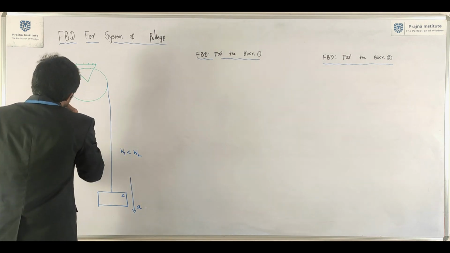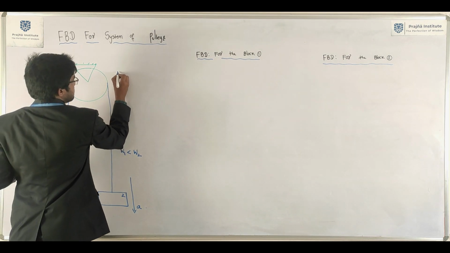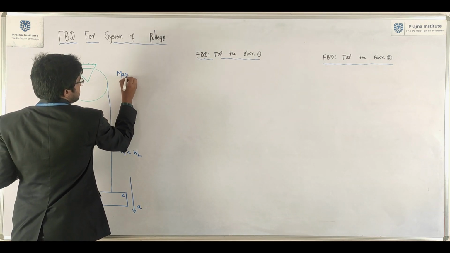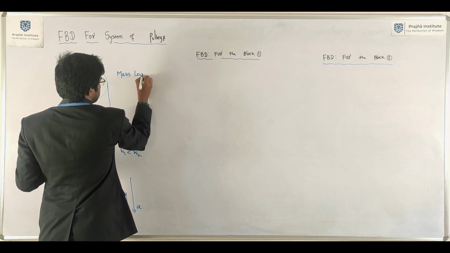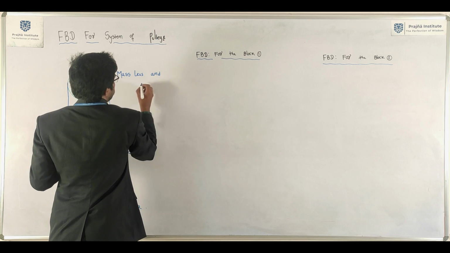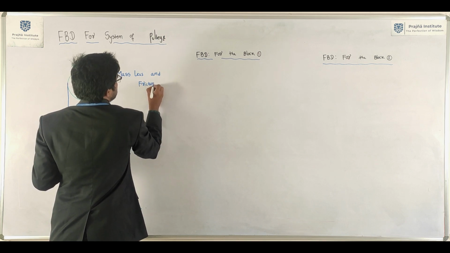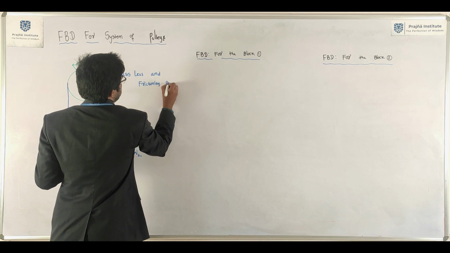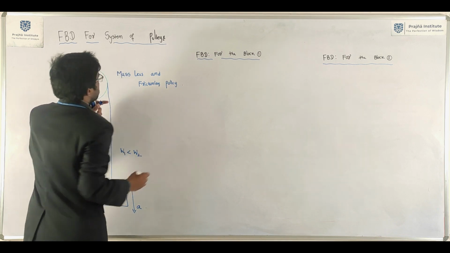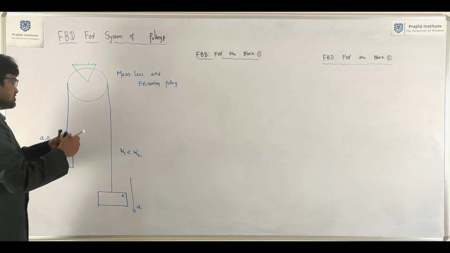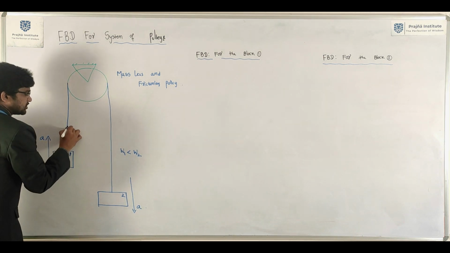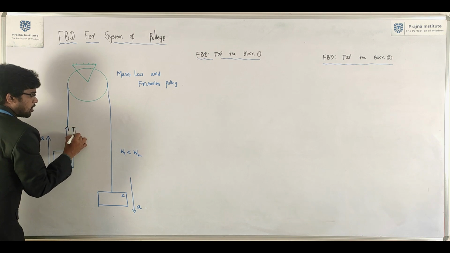Here it is what? Massless and frictionless pulley. Massless and frictionless pulley. Here, tension always pull the block.